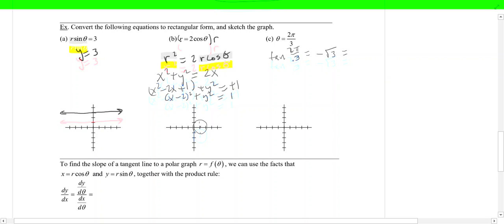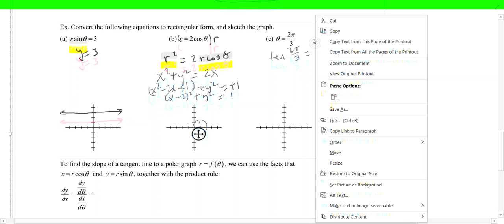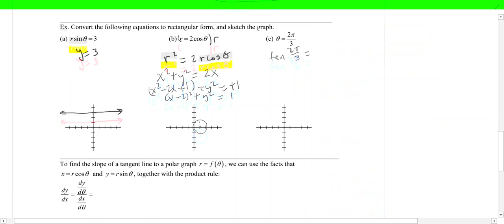I know the cosine's negative a half, so let me write this out. This is y over x, so for this point, the tangent is square root of 3 over 2 divided by negative 1/2. The halves cancel out, or if you flip it, it's like multiplying by negative 2. So this equals negative square root of 3, and that is equal to y over x.